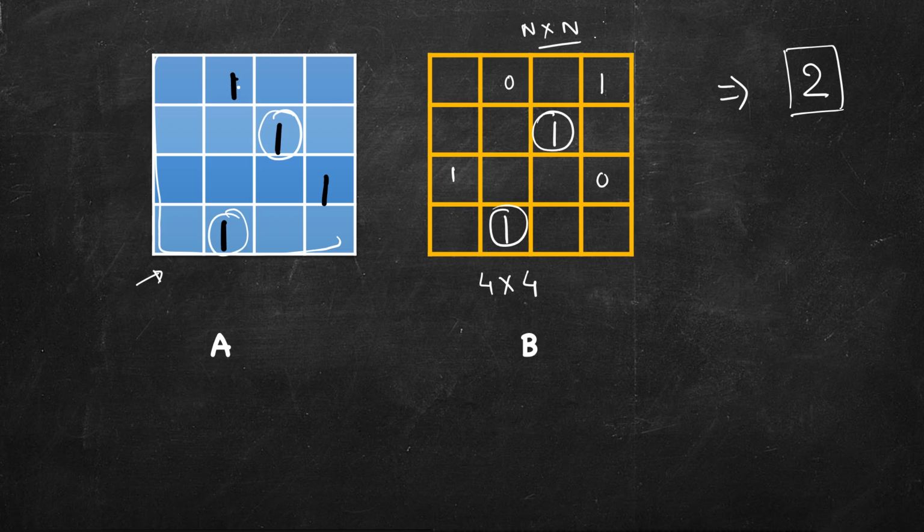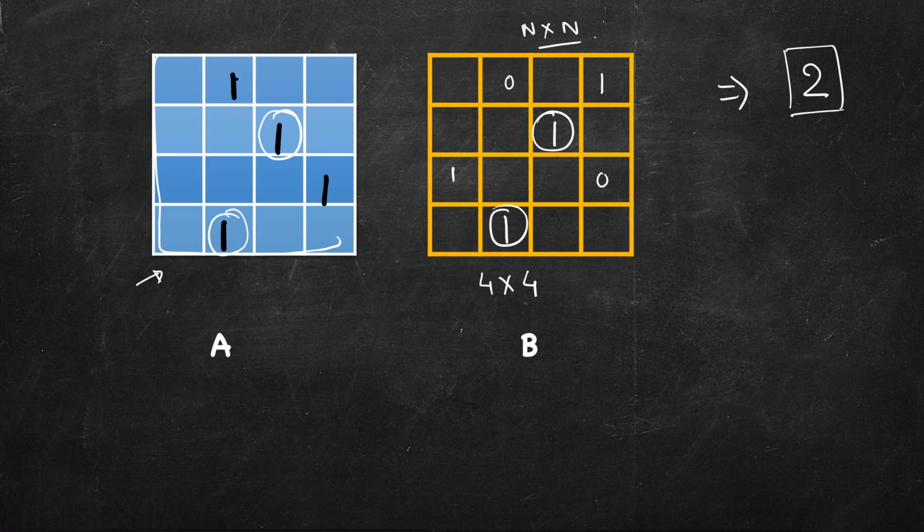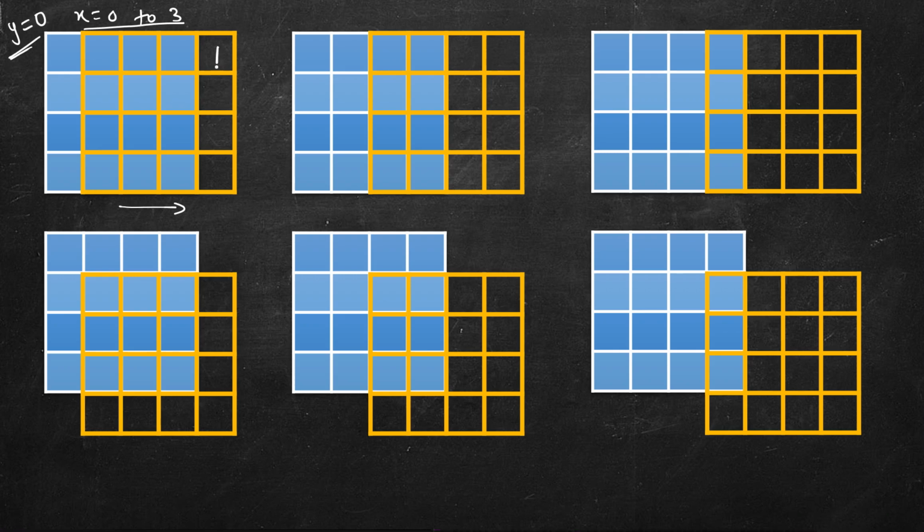These 1, 1, 1, 1 will remain the same, and here it was 1, so it goes out of scope, and here it was 1. So this is after x equal to 1, y equal to 0. This is after x equal to 2, y equal to 0, and x equal to 3, y equal to 0. By x we mean x shift.